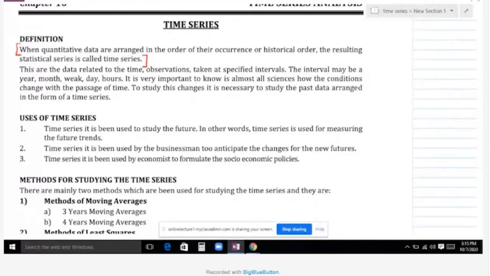It is called the quantitative type of data, which is arranged in the order of their occurrence or the historical order.